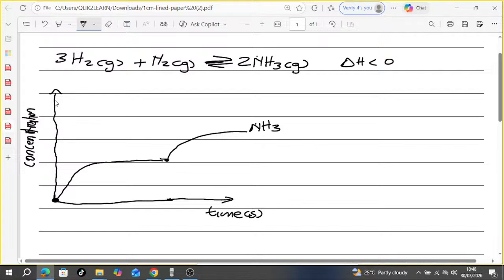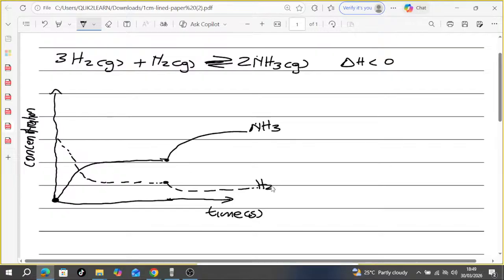Now let's say I have the reactants. Let's start with this one here. It will go down, then start moving in that direction, and when it reaches this point, it will decrease. Don't worry, we'll go through these things now. So this will be my H2.